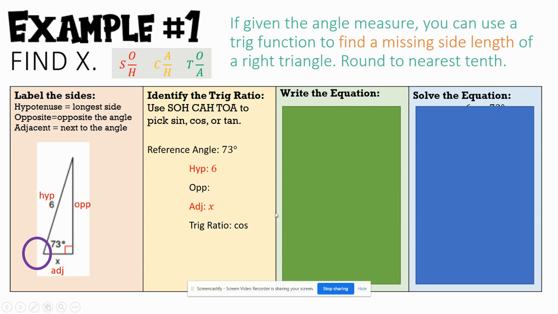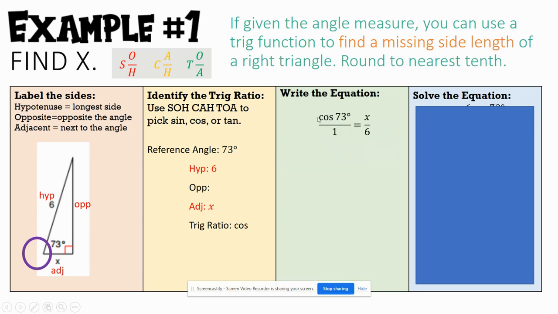So cosine of 73 degrees is equal to the adjacent over the hypotenuse. So when I write my equation, I'm going to have cosine of 73 degrees is equal to the adjacent side length, which I have labeled as x, over the hypotenuse, which is 6.